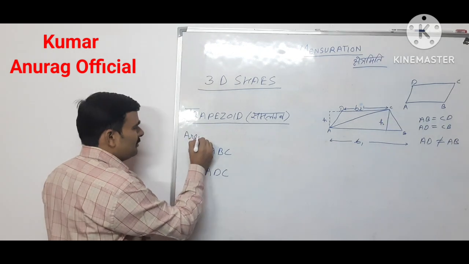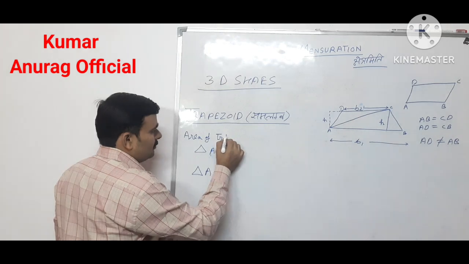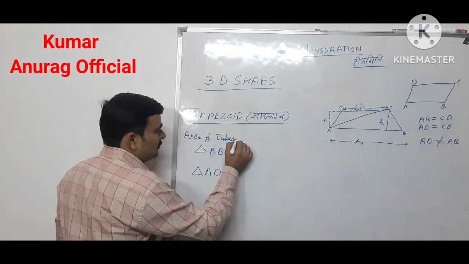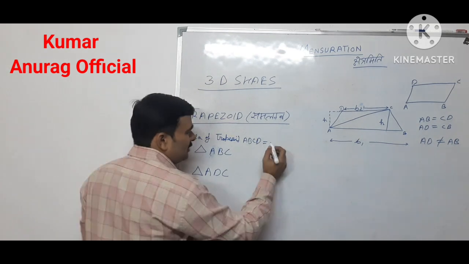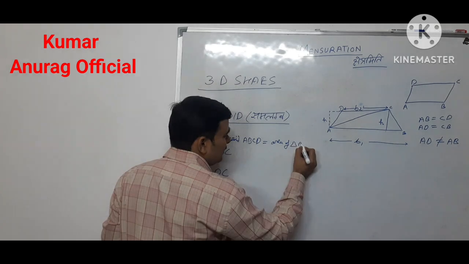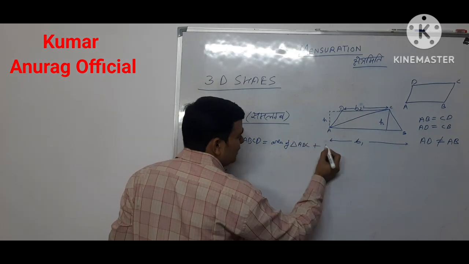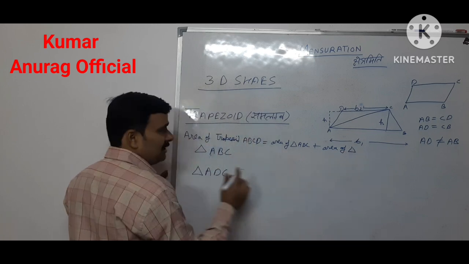The area of trapezoid ABCD is equal to the area of triangle ABC plus the area of triangle ADC.